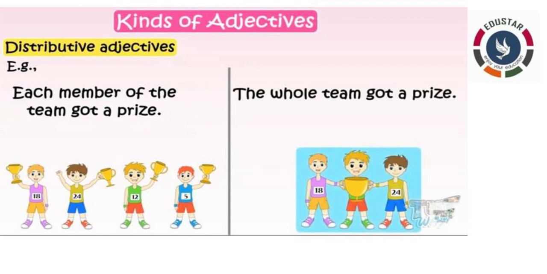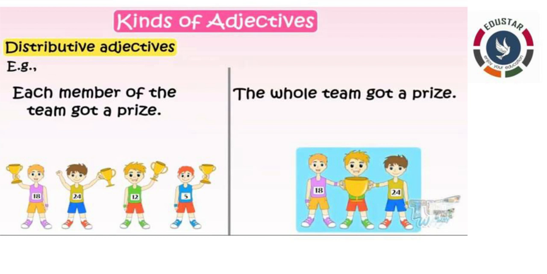For example, each member of the team got a prize. Here, the word each is a distributive adjective because it refers to all the members of a group individually. Each and everyone got a prize. Can you understand?